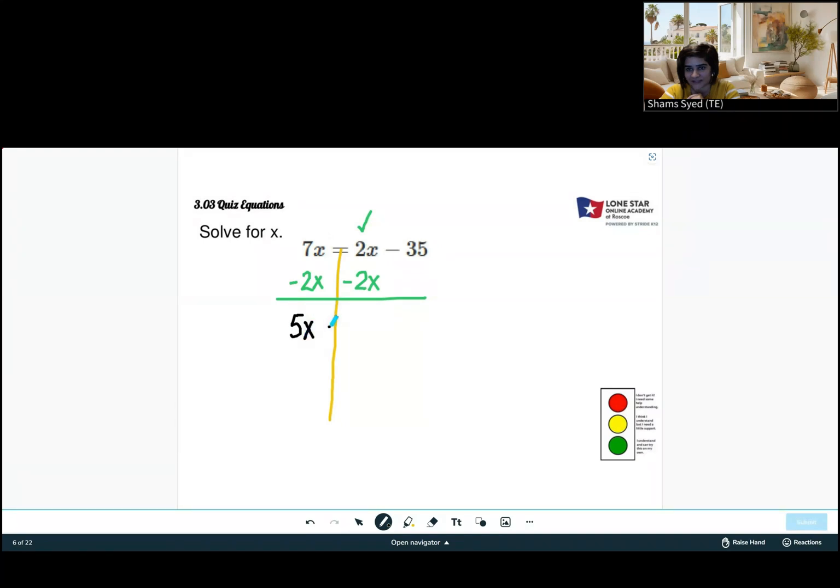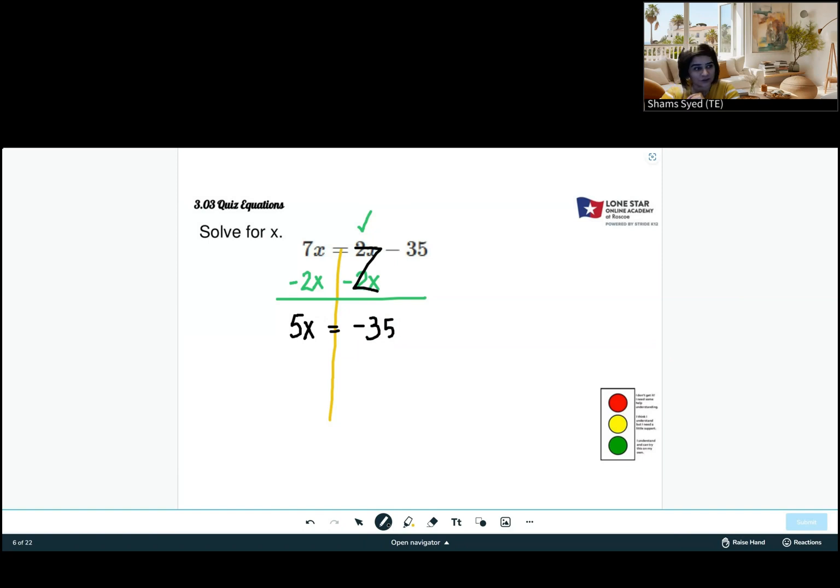And 2x, take away another 2x. Terms disappear, become 0. And you have a negative 35 on your right side. Remember, the goal is not to get an answer for 5x. Absolutely, Noah.